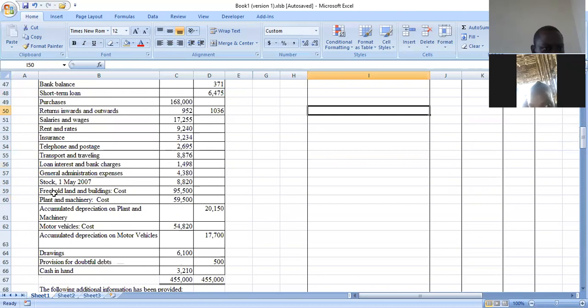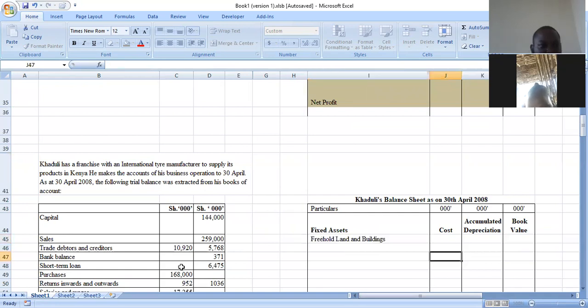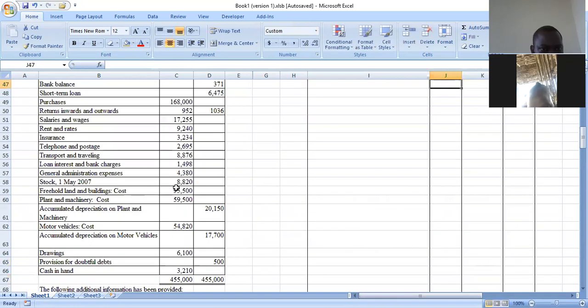In the fixed assets we have here, we have freehold land and buildings. Whose cost is how much? Freehold land and buildings is 95,500.